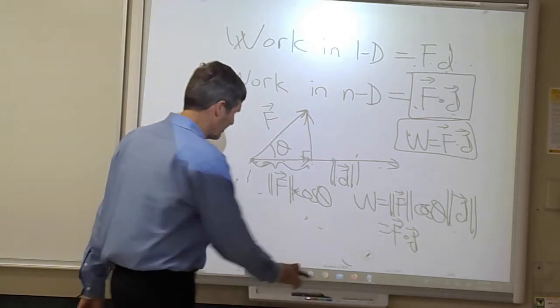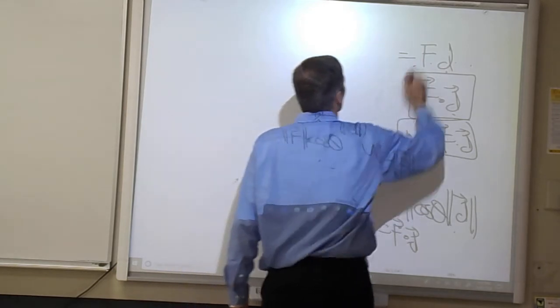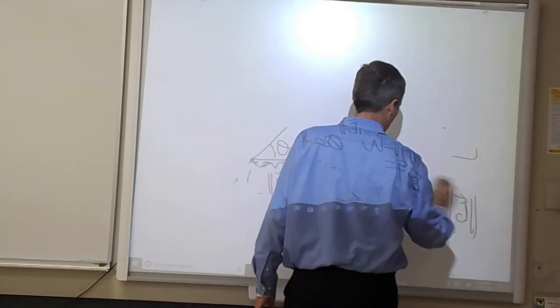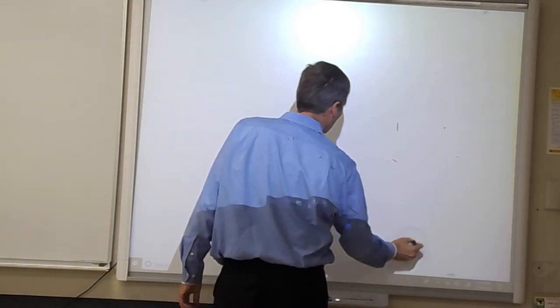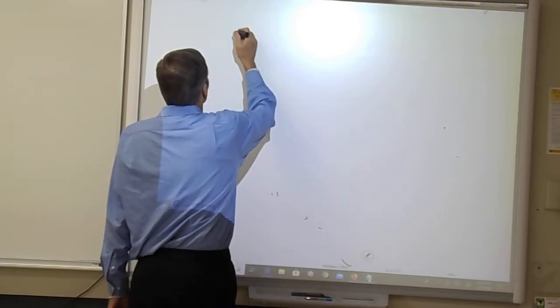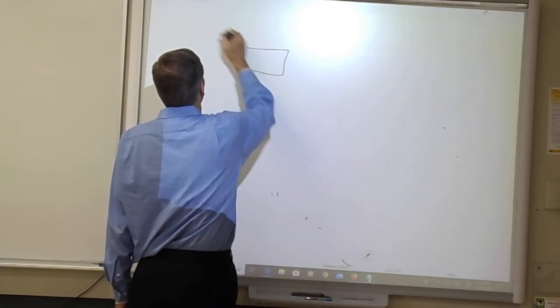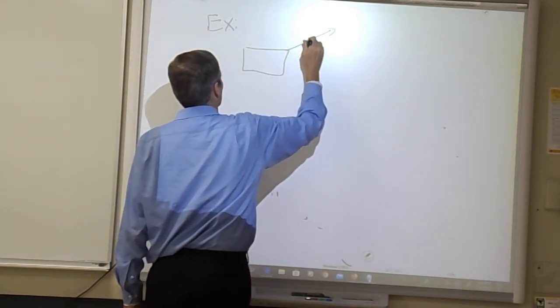Here's a simple example, kind of a classic one. A child is pulling a wagon, let's say with the handle at 30 degrees from horizontal.